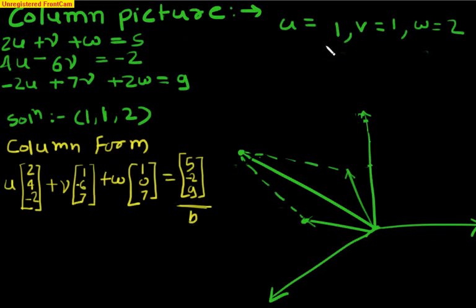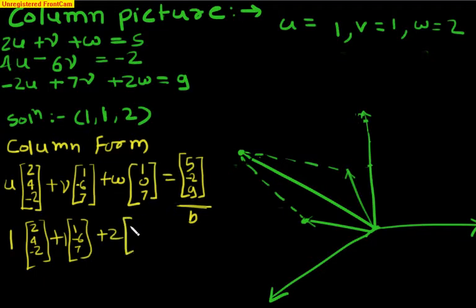If you believe, just see here: if I place 1, 1, 2 in place of u, v, w, see what will happen. 2, 4, minus 2, plus 1, minus 6, 7, plus 2 times 1, 0, 2.